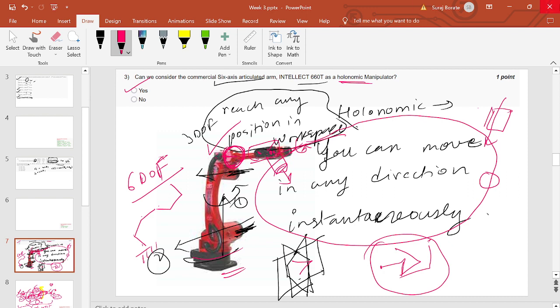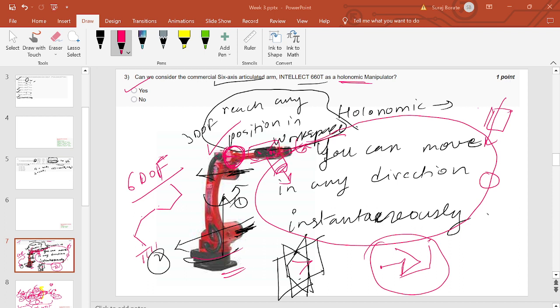Okay, let's see a video of a holonomic manipulator. Here you can see the first angle is roll, then you get the pitch, the way I drew it.